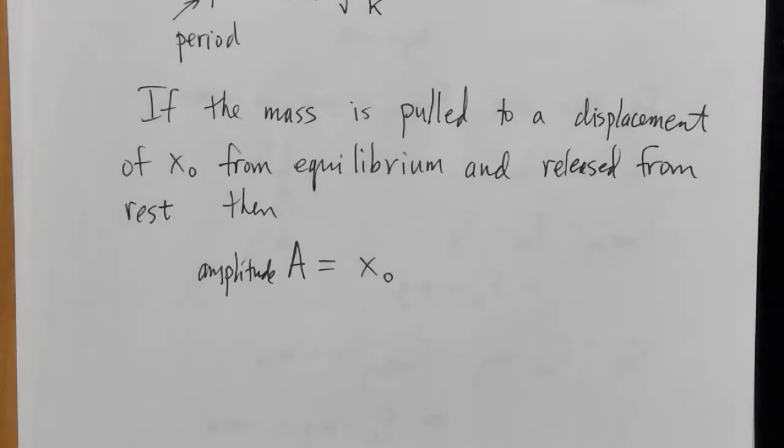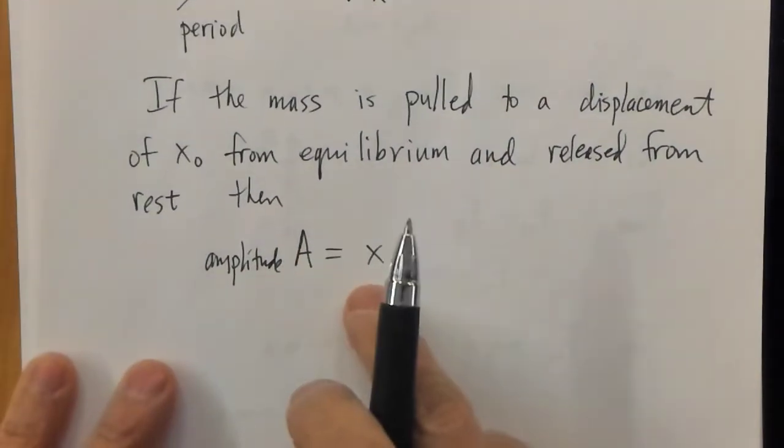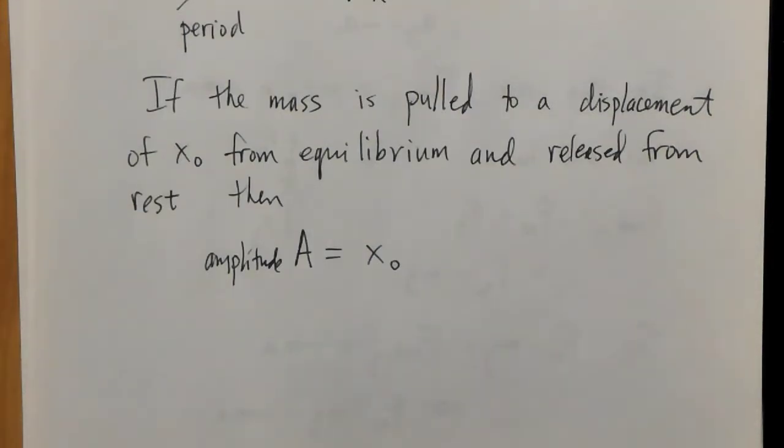Then when I release it, the point is it won't go any higher than the original release point. Does that make sense to everybody? So if I release it from here, then it will oscillate and it'll come up to here. It won't go past the point, because of energy conservation, it can't go further than from where I released it. So it will start from here, go down, come up to this point, come back down, and come up to this point. So the initial displacement will actually be the farthest it can go. That's why the amplitude will be x0. Does that make sense to everybody?